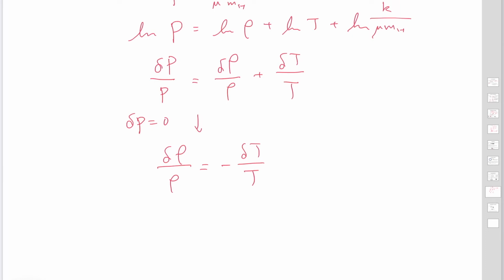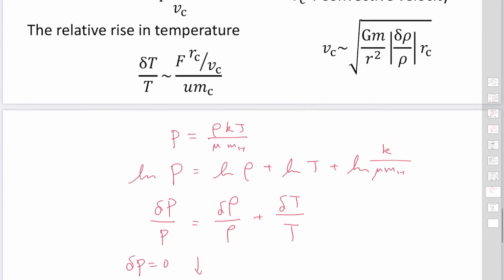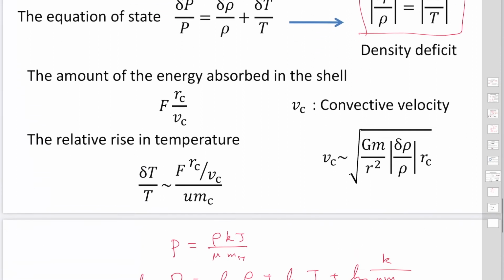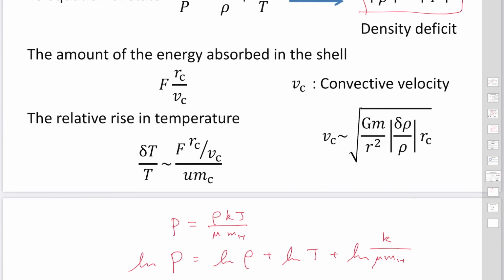This is the onset of convection. So the density deficit is related to delta T over T. The amount of energy absorbed in the shell is F times r_c over v_c. This is the time for the energy to pass through the convecting cell. If you multiply the energy flux by this time, you get the amount of energy absorbed in the shell.